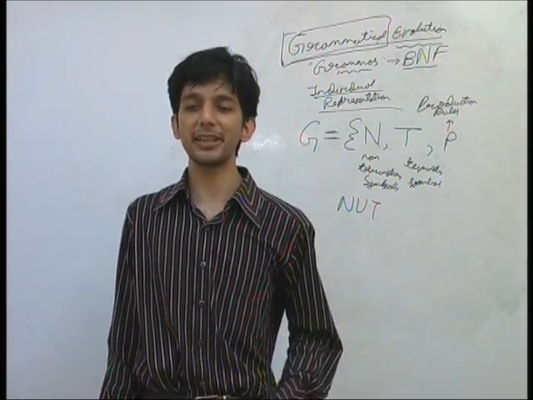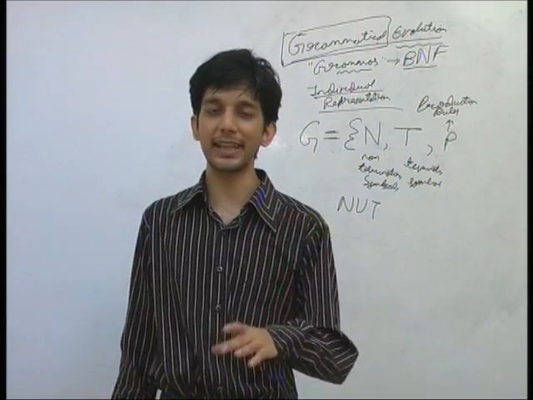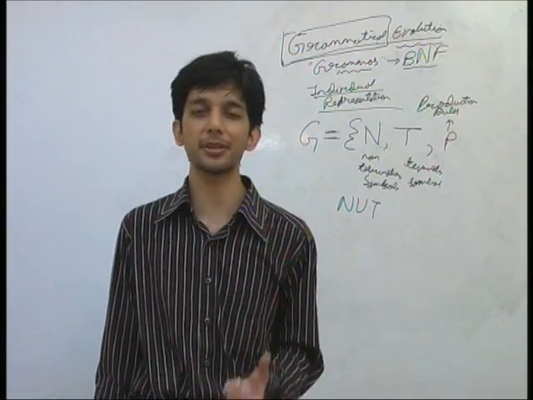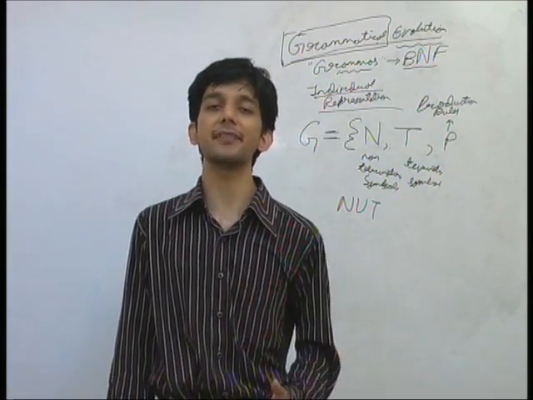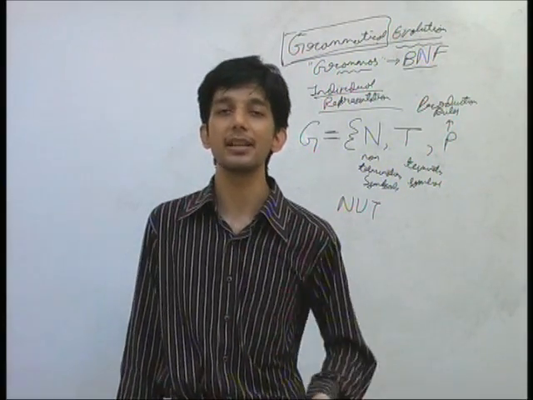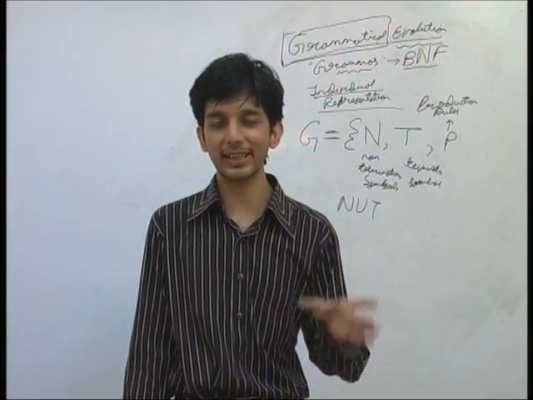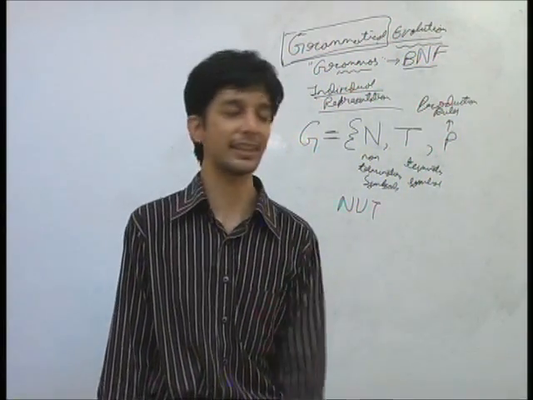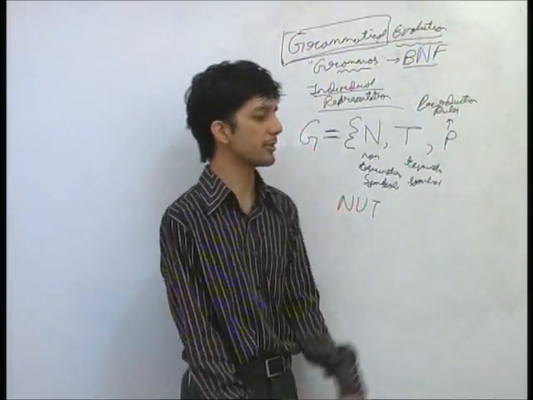So I got non-terminating symbols, I got terminating symbols. I can never give my final output a non-terminating symbol. I need to give as my final output only and only a terminating symbol. So I needed some mechanism that will convert my non-terminating into terminating, and that is by these production rules.